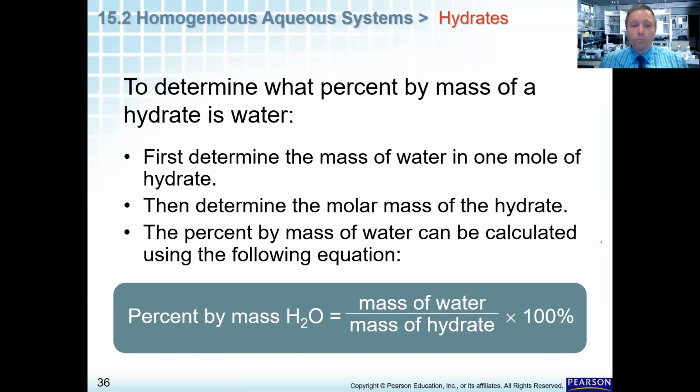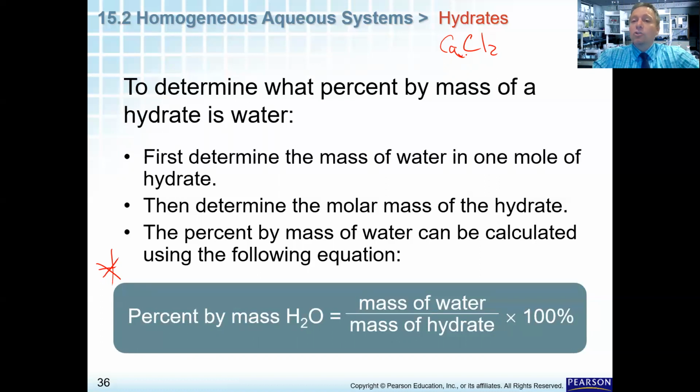And we're going to look at an example a little bit later, but this formula right here is very similar to percent composition. So remember earlier in the year when we were looking at, say, calcium chloride, CaCl2, and you wanted to know what is the percent by mass of calcium in calcium chloride.